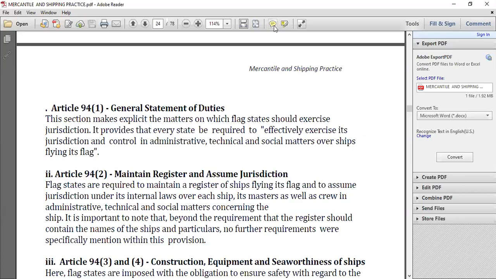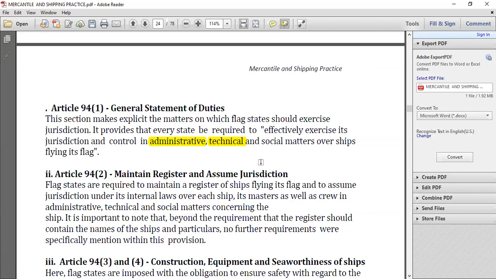So, for instance, what we mean here is that if a ship is flying the Liberian flag, then Liberia is required to effectively exercise its jurisdiction and control in administrative matters of that particular ship, the way it is being run, technical and social matters. Now, Article 94.2, maintain register and assume jurisdiction.